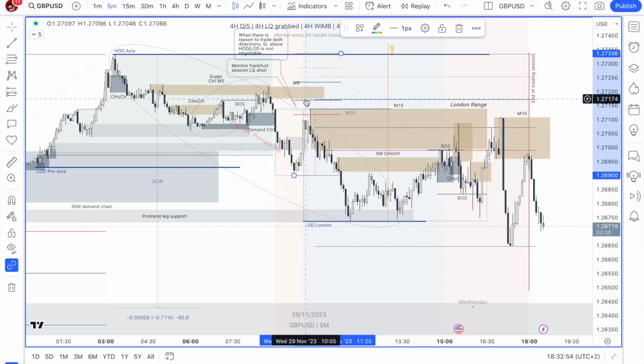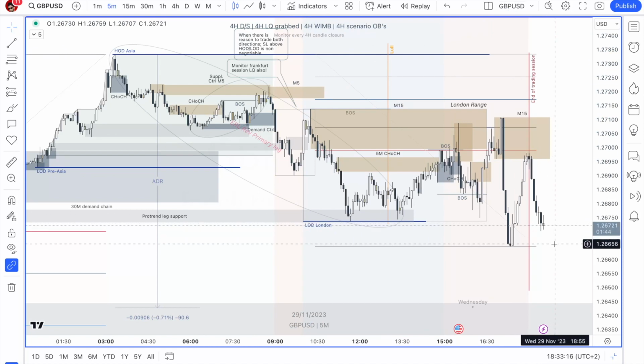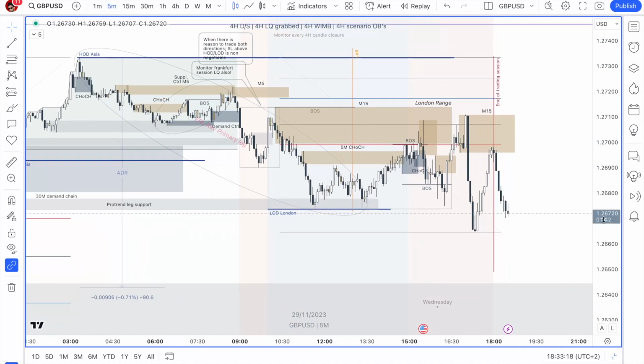Price didn't quite get there, it got to the 50%, but in the London session I prefer for price to come to the 38.6 at a minimum, and then in New York I'm more accepting of a 50% level, because New York tends to be when the momentum kicks in and doesn't retrace as far. That essentially brings me to the end of my end of day review.